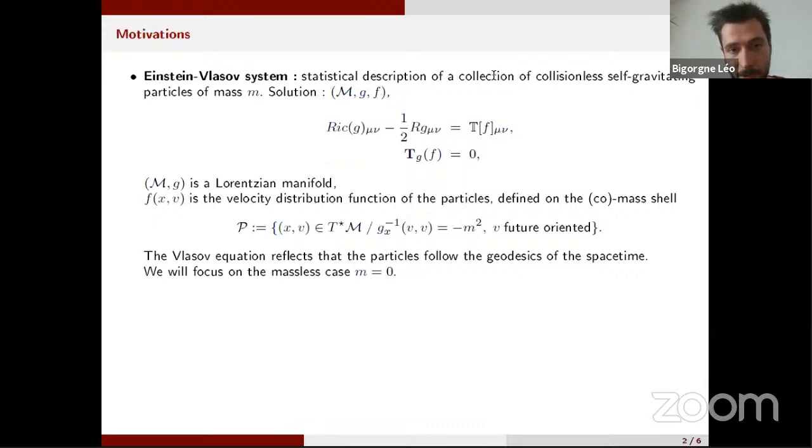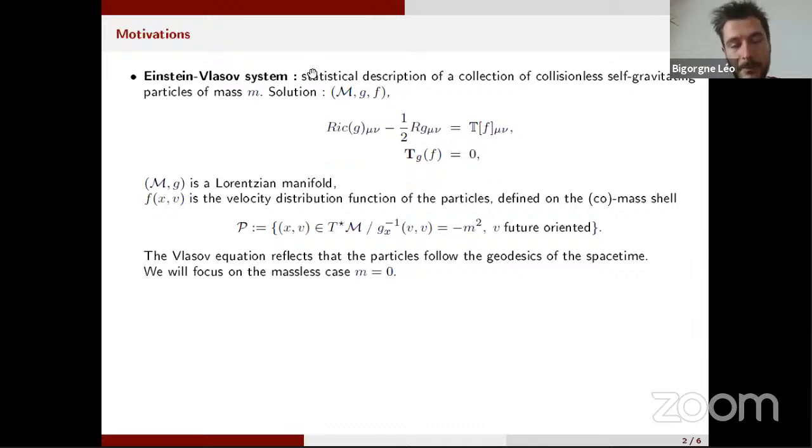These equations are used in order to model collisionless particles of mass m, for which we neglect all interactions except gravitation. More precisely, the solution is a Lorentzian manifold with a Lorentzian metric and the velocity distribution function of the particles. We have first the Einstein equations, where on the right-hand side we have the energy momentum tensor of the Vlasov field, and the Vlasov equation, which is a transport equation.